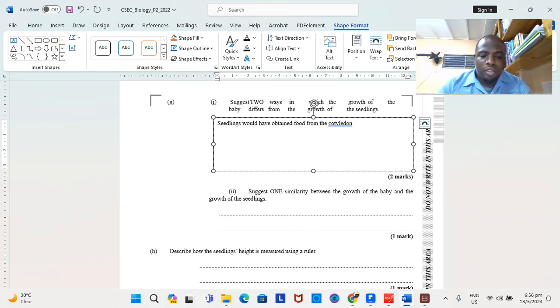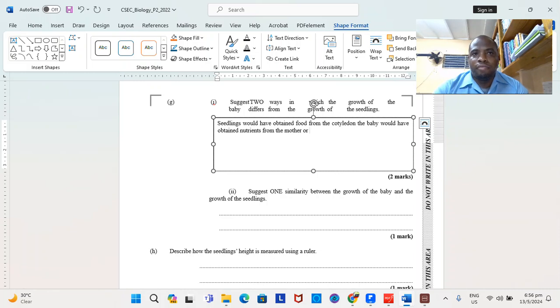For the baby, the baby would have obtained nutrients from the mother, or well, when you're thinking from the mother, we're really referring to the breast milk or any other nutrient rich food.